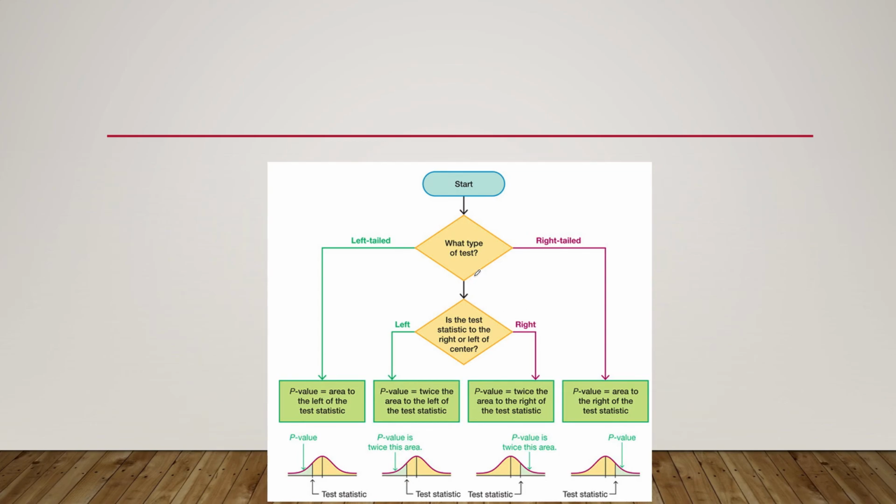Is the test statistic to the right or left of center? If it's to the right, the p-value is twice the area to the right of the test statistic. If it's to the left of center, the p-value is twice the area to the left of the test statistic. Those two are for when we have a not equal to relationship.